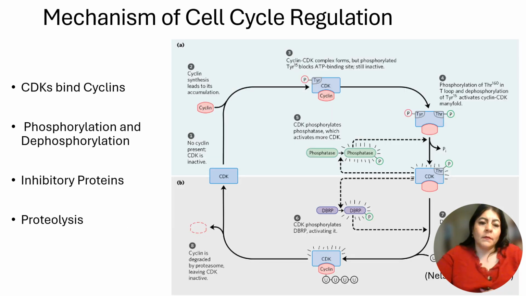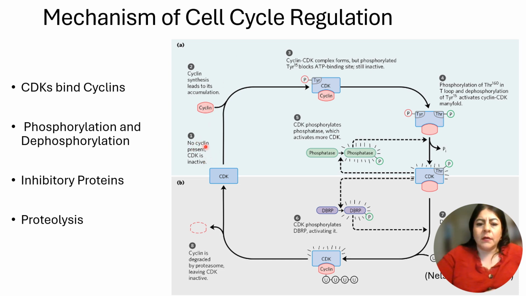Right, so I'll be going over the mechanism of cell cycle regulation, where CDKs bind to cyclins, and then phosphorylation and dephosphorylation take place. Inhibitory proteins come in, and then proteolysis will take place.